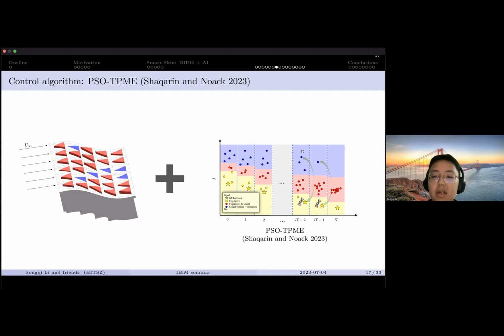But what it essentially does is, after a couple of iterations, this algorithm will classify these particles, where each particle represents one set of parameters, and kill the hopeless particles and move them somewhere close to the current best solution, such that it has a stronger capacity to quickly find the optimal solution.